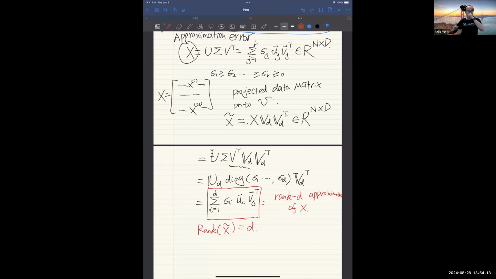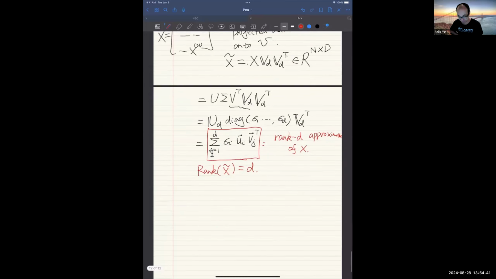So we actually project our data into the subspace of V, ensuring that all my data is intrinsically small d dimensional.